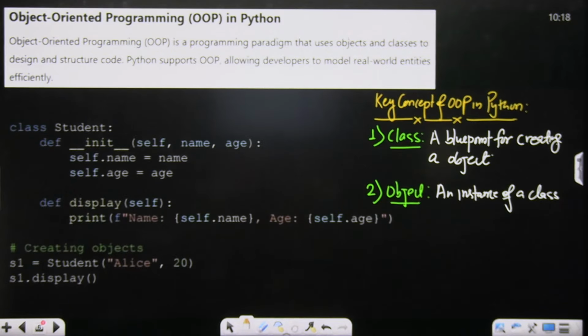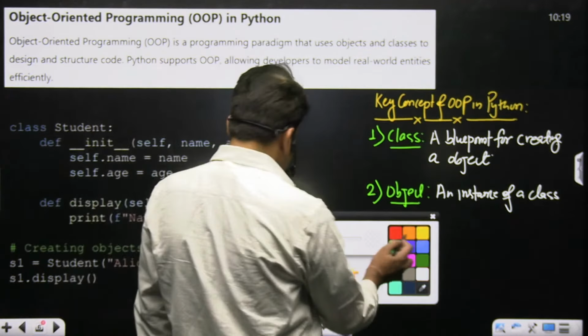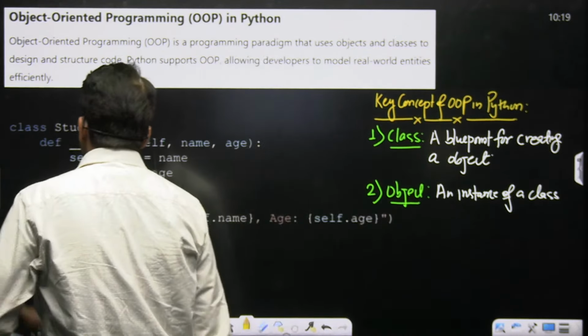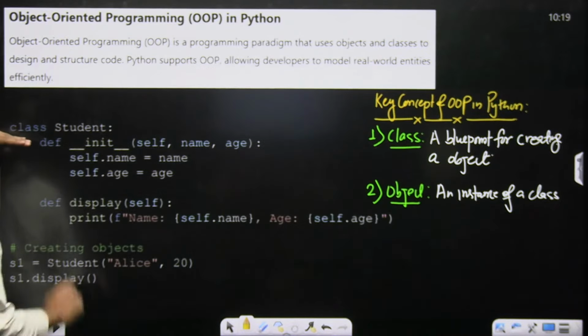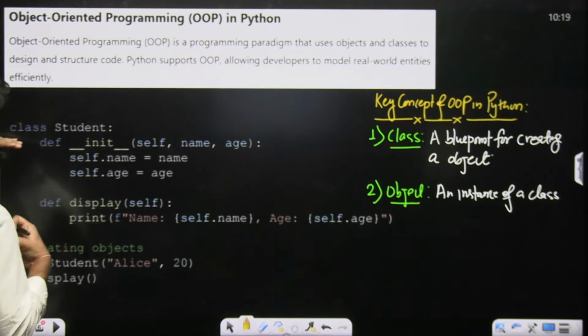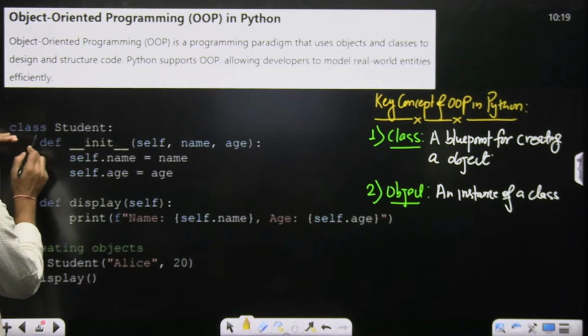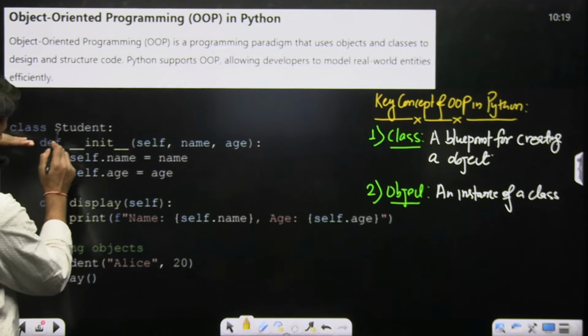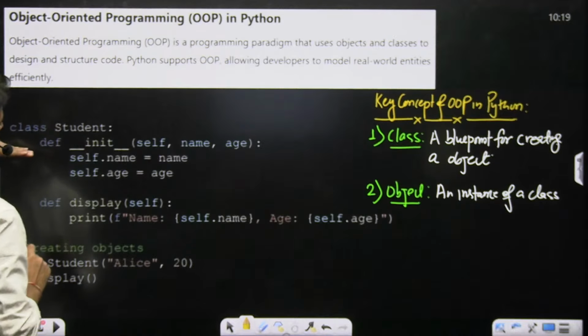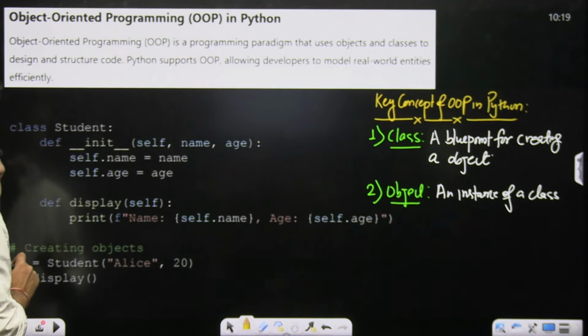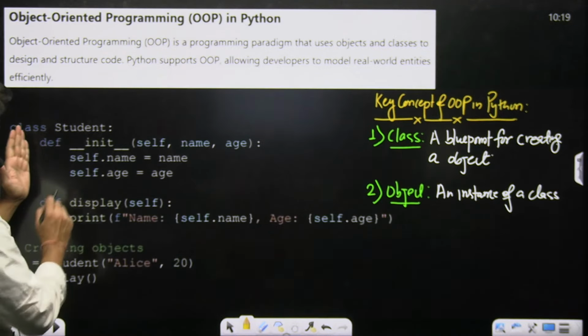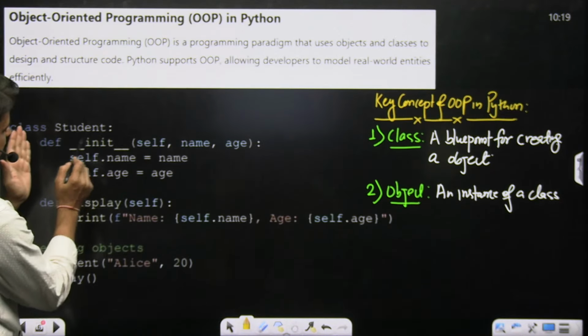Sir, how can we create a class and how can we create an object? For creating a class, you have to use the class keyword, one space, then the class name and colon. What is this, student? Inside this class, this is a constructor, the init constructor.